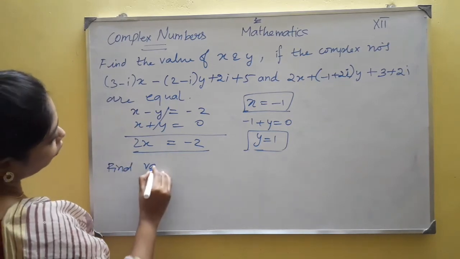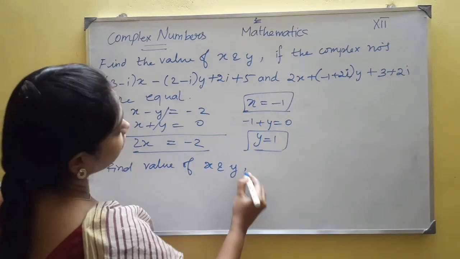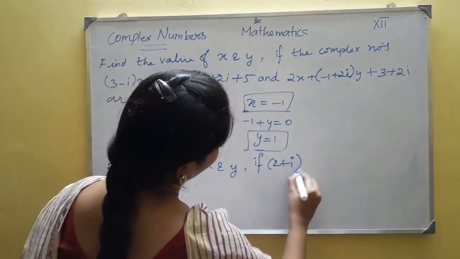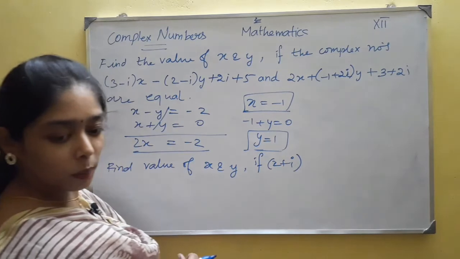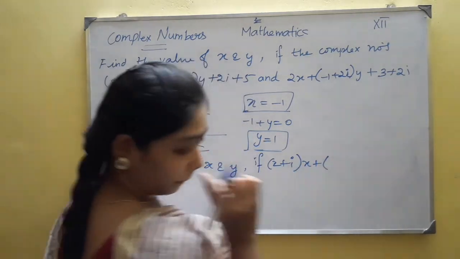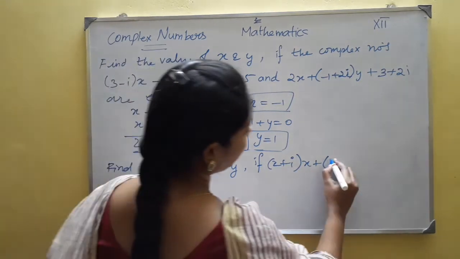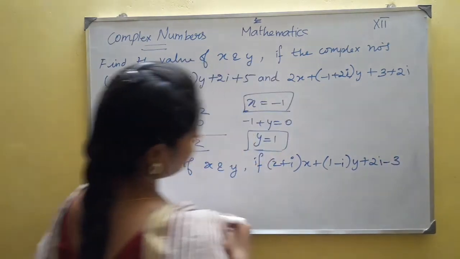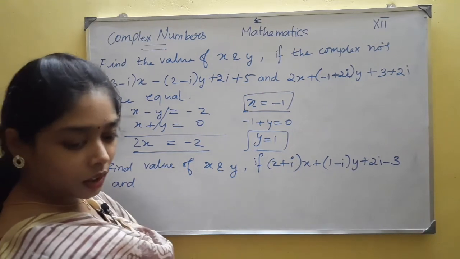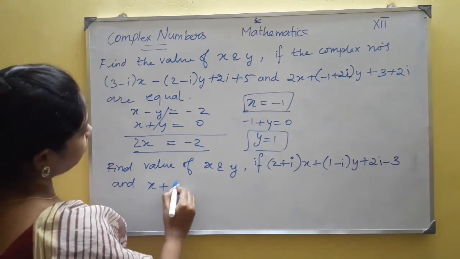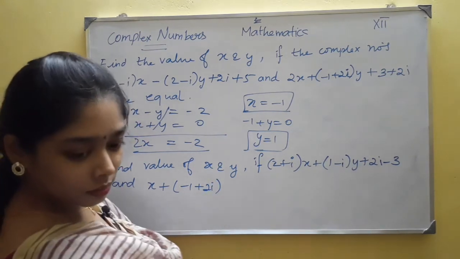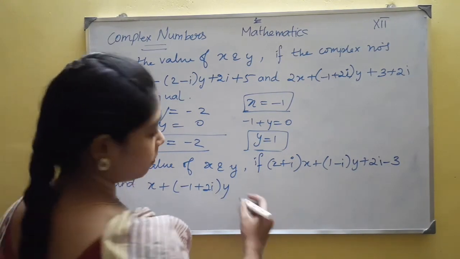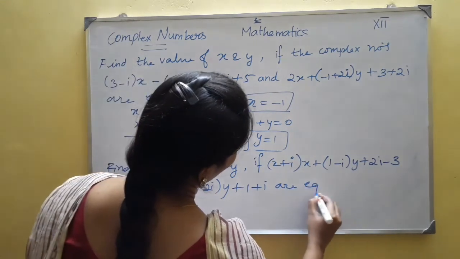Find the value of x and y if (2 plus i)x plus (1 minus i)y plus 2i minus 3 and x plus (-1 plus 2i)y plus 1 plus i are equal.